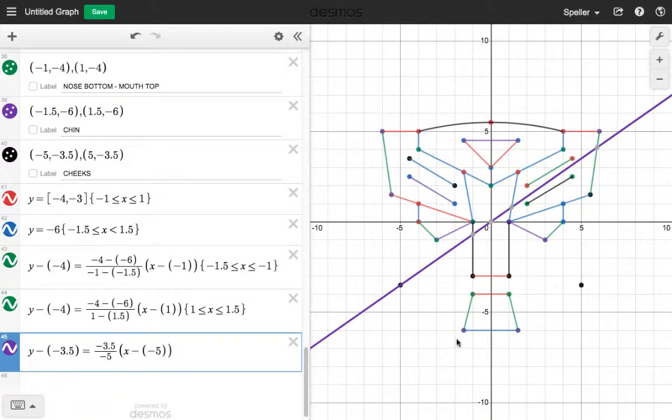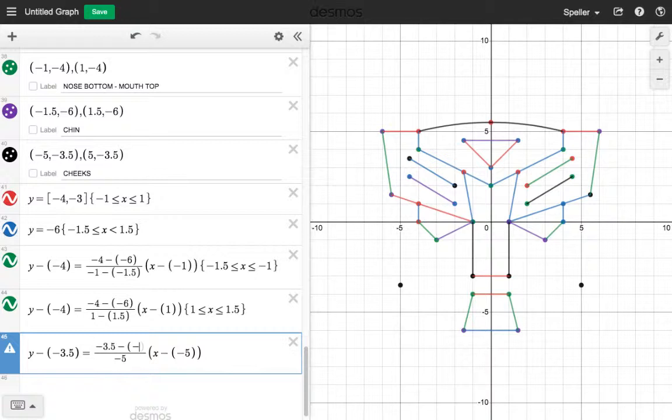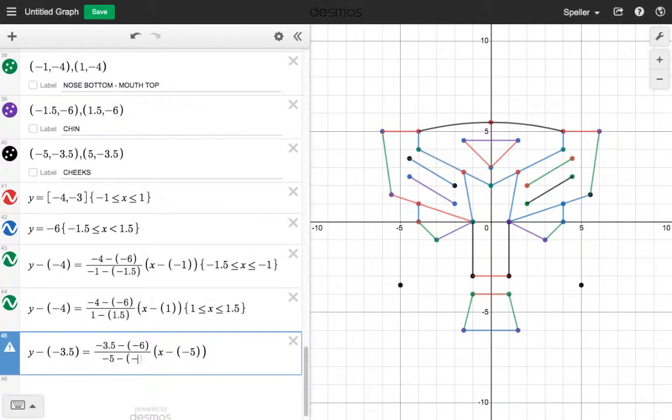Let's take a look at the point down here. Here I have a y value of -6 and an x value of -1.5. So up here I'm going to subtract off a -6, and down here I'm going to subtract off a -1.5.